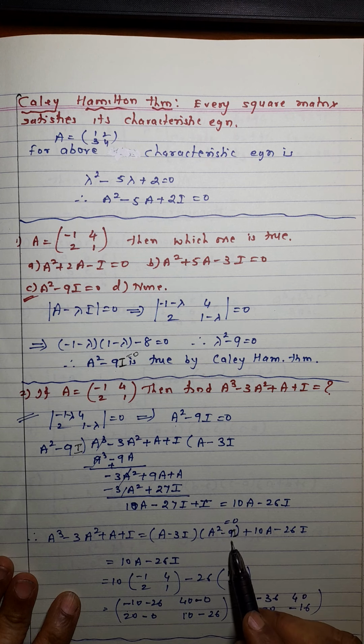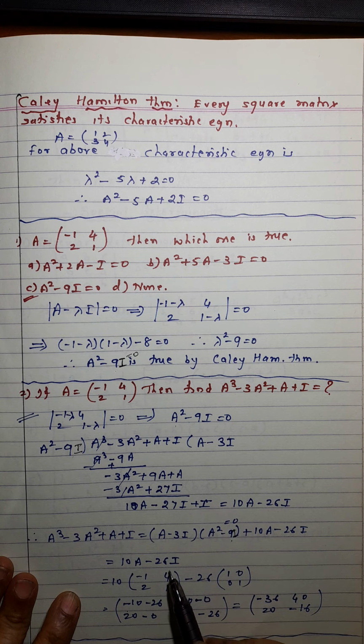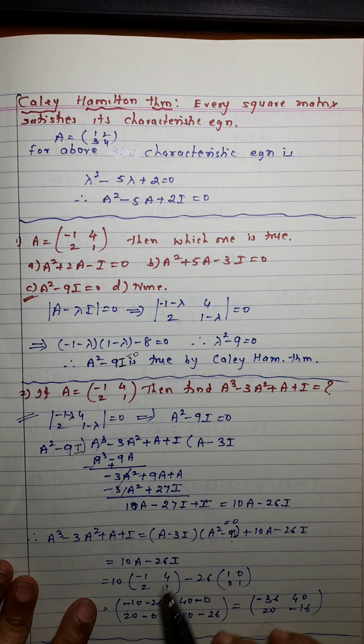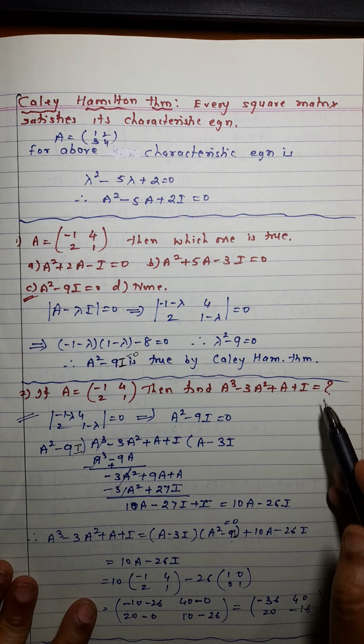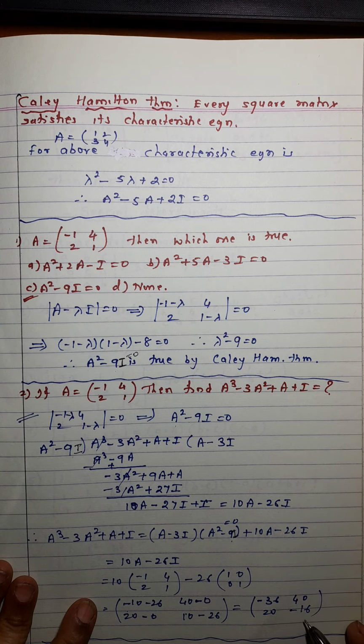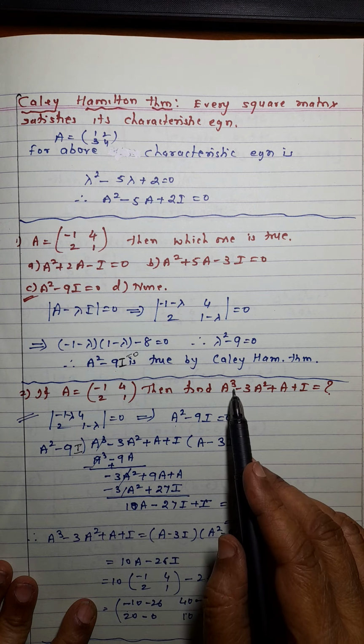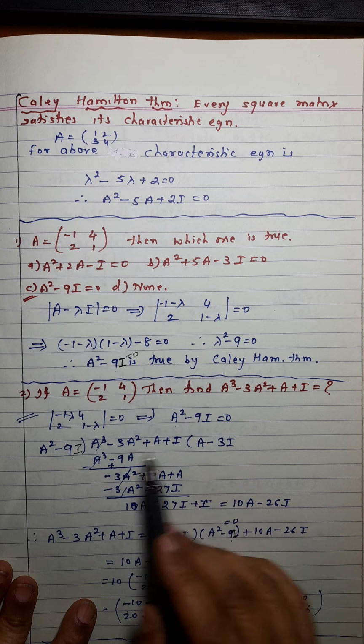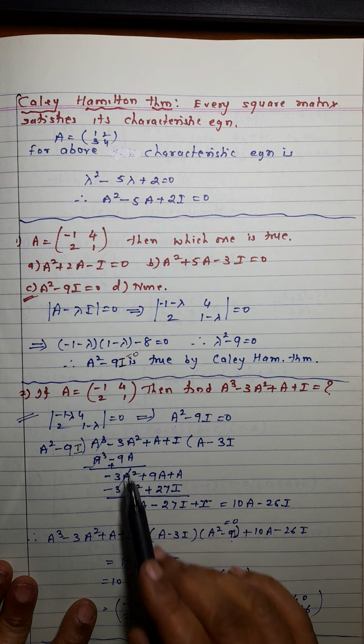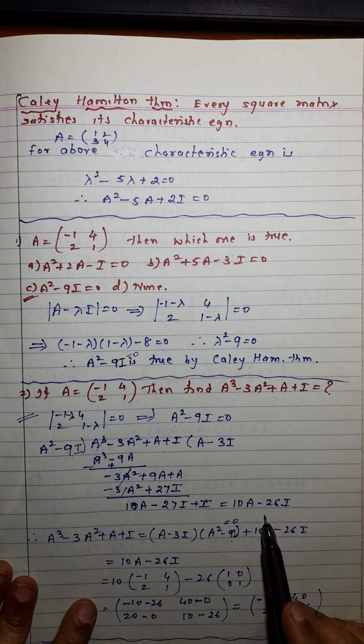So this will be 0, and this will remain. So I will substitute here. Don't keep the answer like this. So 10 into bracket A minus 26 into I. If you simplify, you will get the answer. So if 4 equations are given and which one is correct is asked, then you have to do it by this method. If the degree is more than 2, divide, and write this into this plus this is equal to this into this plus this.